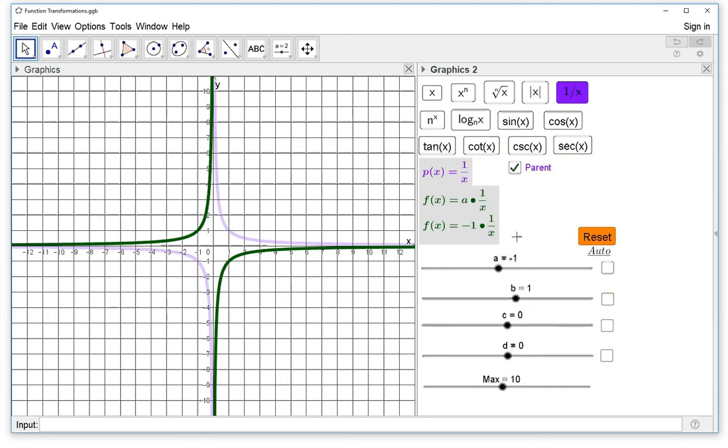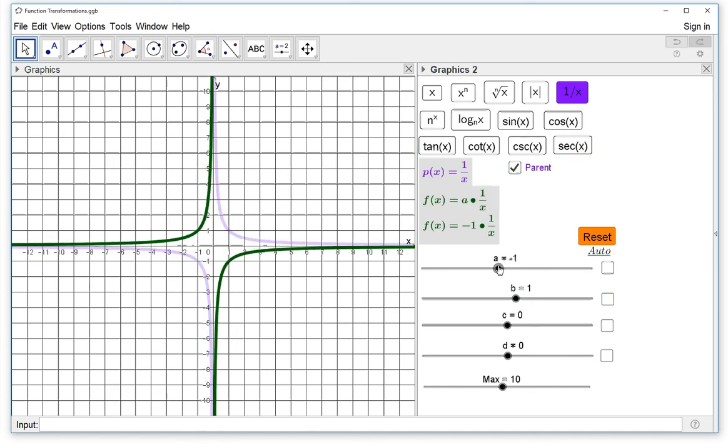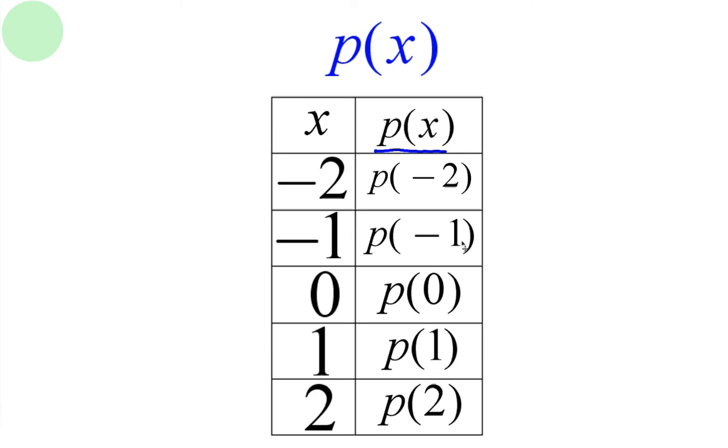And then 1 over x, we've already done this. If you flip 1 over x horizontally, it's the same as if you flip it vertically. You end up with the same thing, and that's because it's an odd function. But again, same x values for the top and bottom here. The only difference is one is the positive version of the negative of the other, and vice versa.